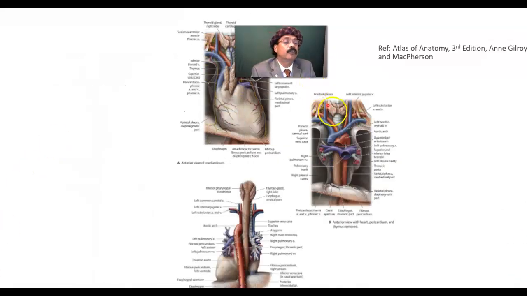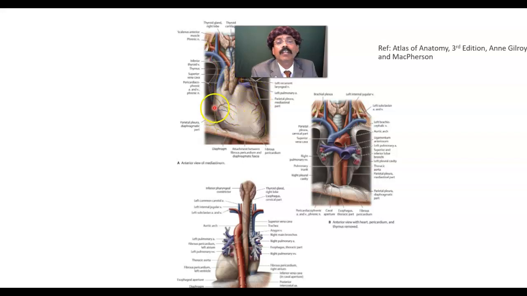Here are some of the contents of the superior mediastinum, like the brachiocephalic vein, part of the superior vena cava, and also part of the branches of the arch of the aorta. These are the contents of the superior mediastinum. These are the contents of the middle mediastinum.